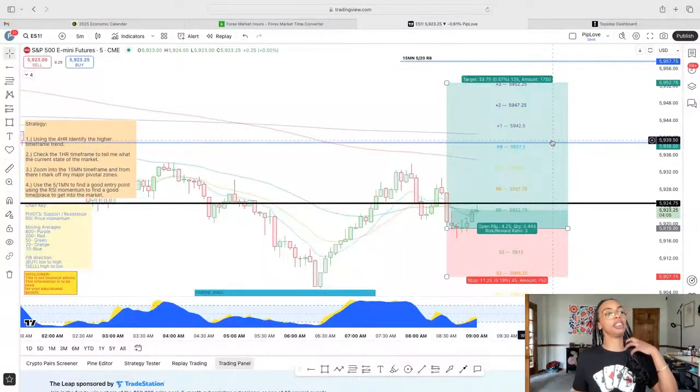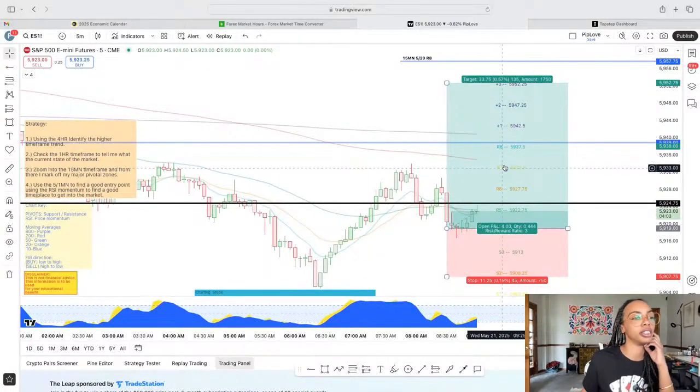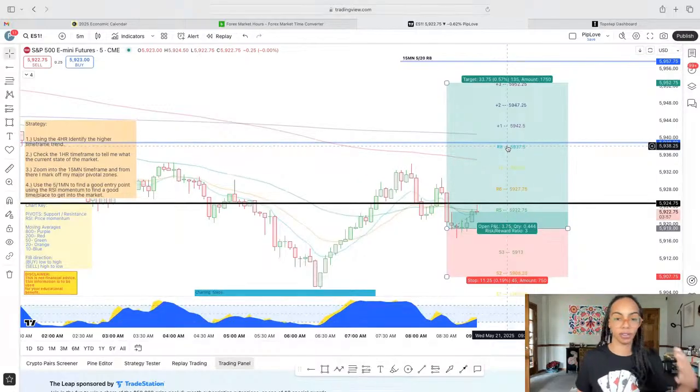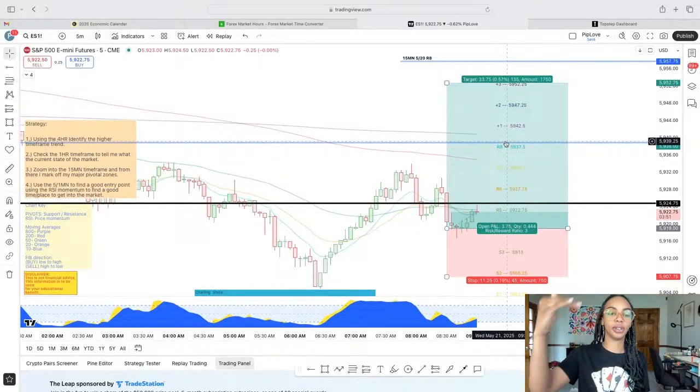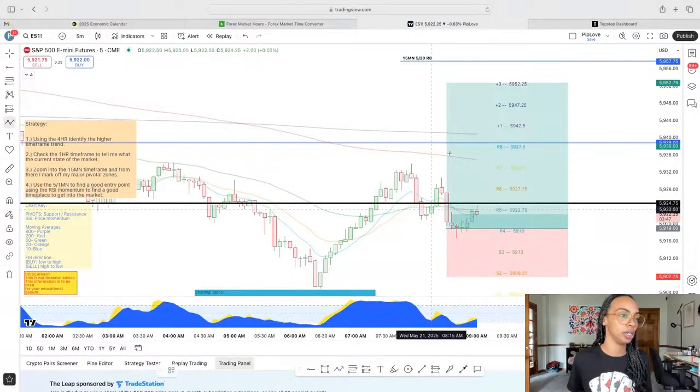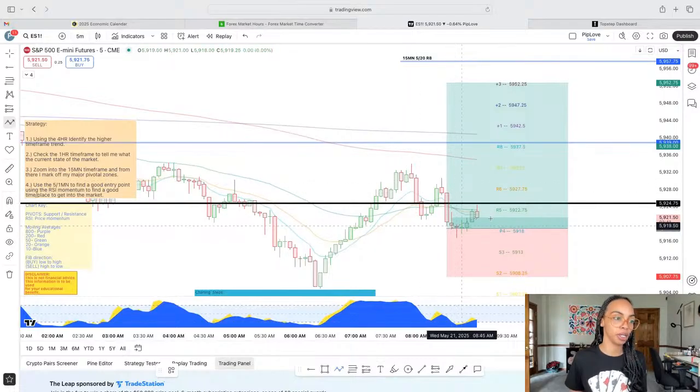Okay, so the 5-minute time frame, our R7 and our R8 are kind of at the 59.32, 59.38 levels. So what does that mean? That means that when price reaches this area, we might have a little pullback before it continues to shoot up to potentially our R8, R7 levels on the 15-minute time frame.